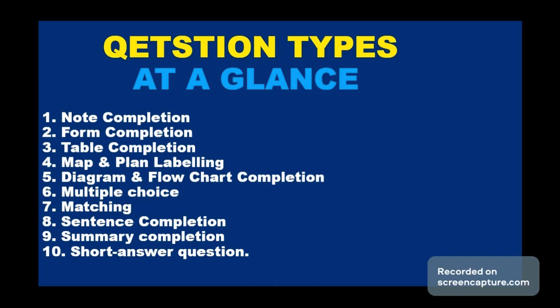They are: number one, note completion; two, form completion; three, table completion; four, map and plan labeling; five, diagram and flowchart completion; six, multiple choice; seven, matching questions; eight, sentence completion; nine, summary completion; and 10, short answer questions. So these are the various types of questions in the listening module.